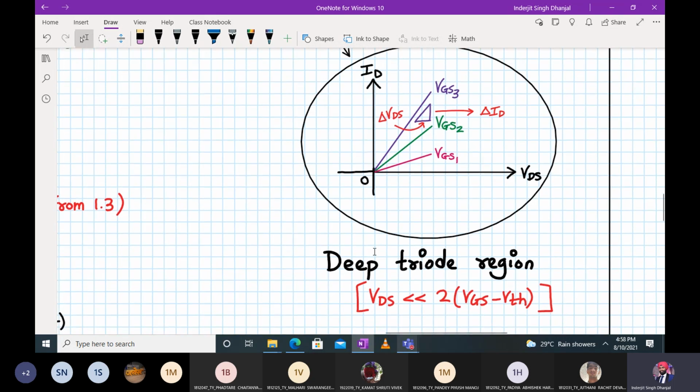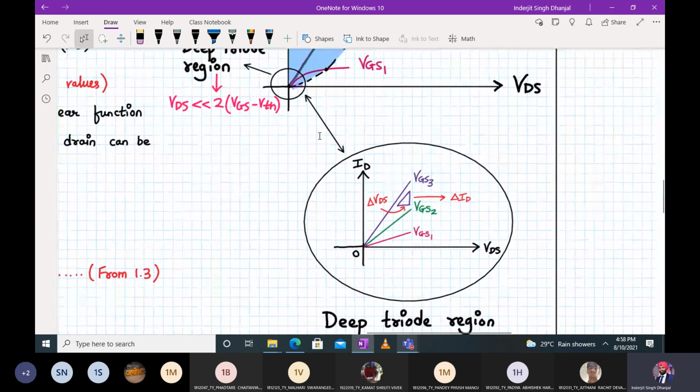What is the condition for a MOSFET to be in the deep triode region? Your VDS will be very, very small compared to twice VGS minus VTH. So note down this condition: the MOSFET will be in deep triode region when VDS is very, very small compared to twice VGS minus VTH.